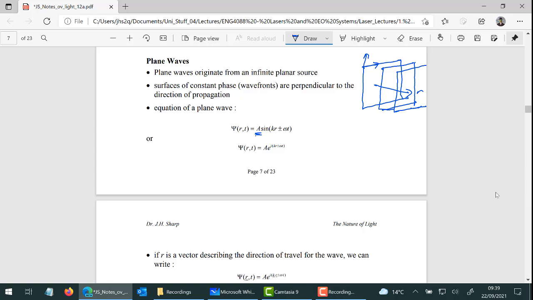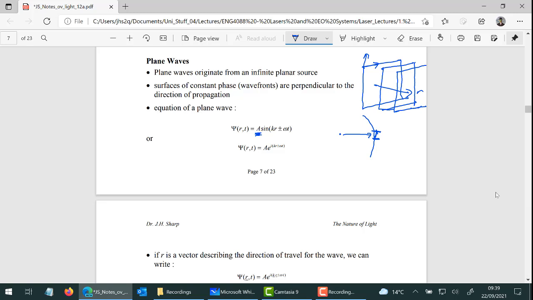So plane waves are the most simple form of wave that we can describe, and so what we're going to do is assume that if it's a spherical wave, then the radius of curvature is so large that essentially over that sort of area we can think of the wave as being effectively flat.